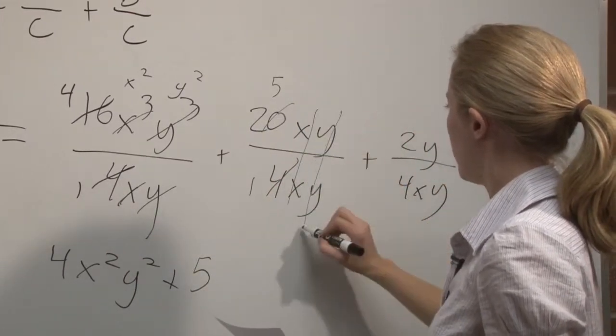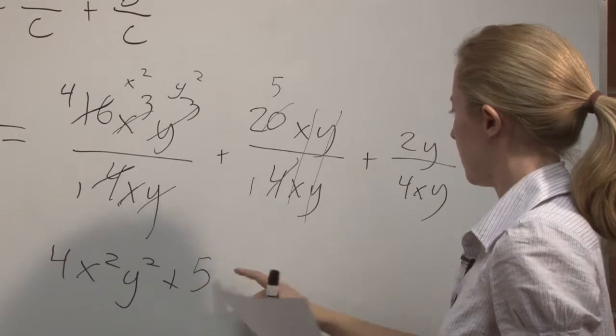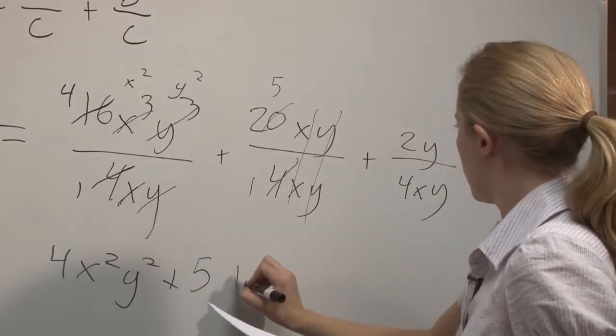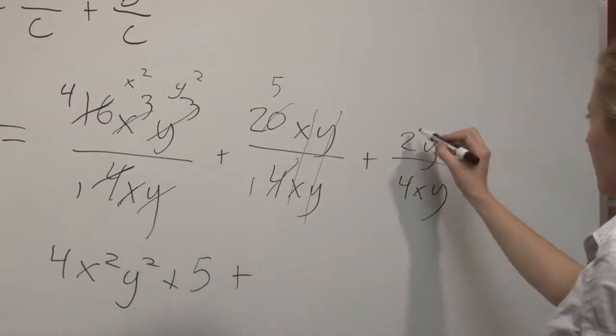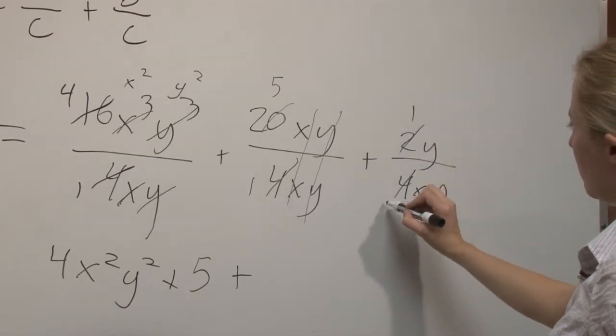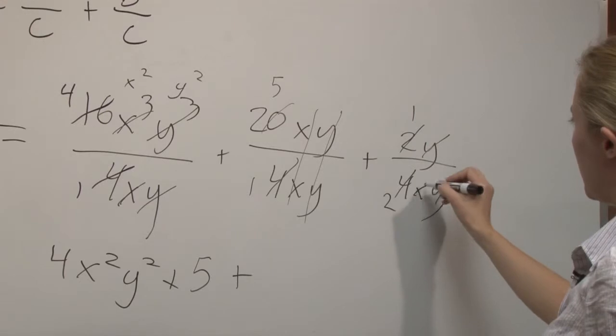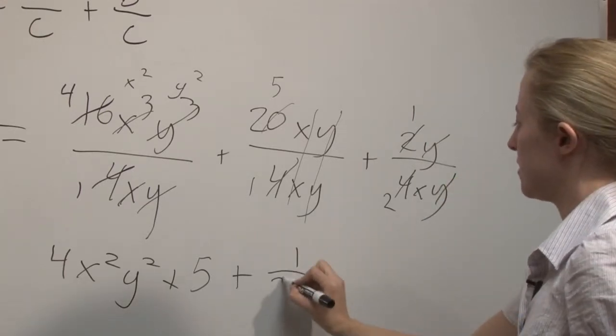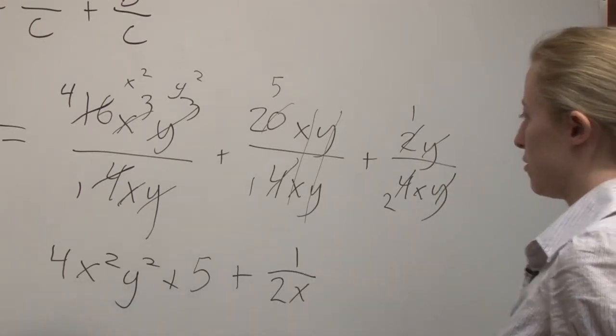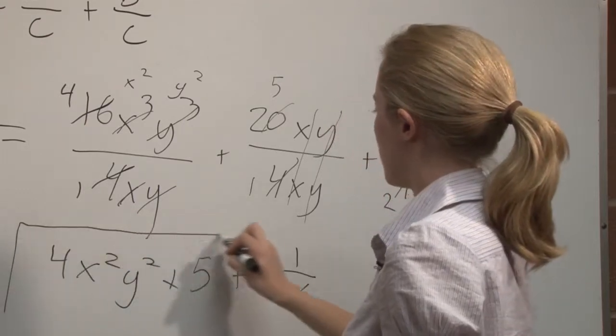And then the x and y's are going to just cancel out to be 1. Then in this last term, the 2 and 4 can reduce down to 1 over 2. And I can cancel out the y's, but I'm still going to be left with an x in the denominator. So this would be my answer to that problem.